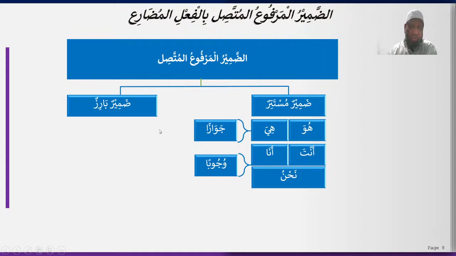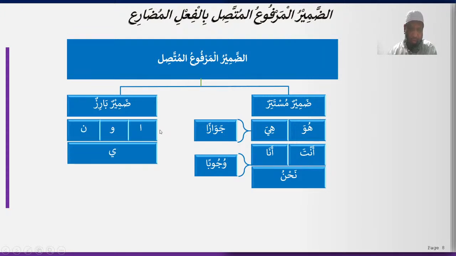The ضمير بارز are alif, waw, noon, and ya. Alif, waw, and ya are for الأفعال الخمسة. The alif is for مثنى, the waw is for جمع مذكر, and the ya is for مؤنثة مخاطبة.